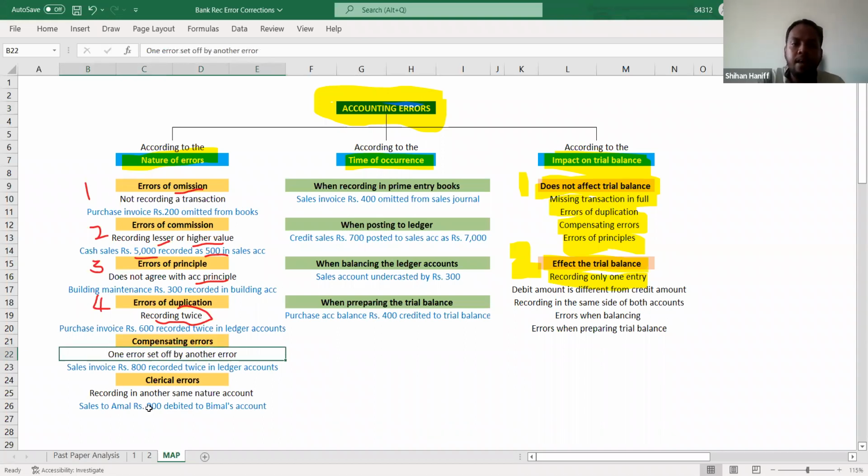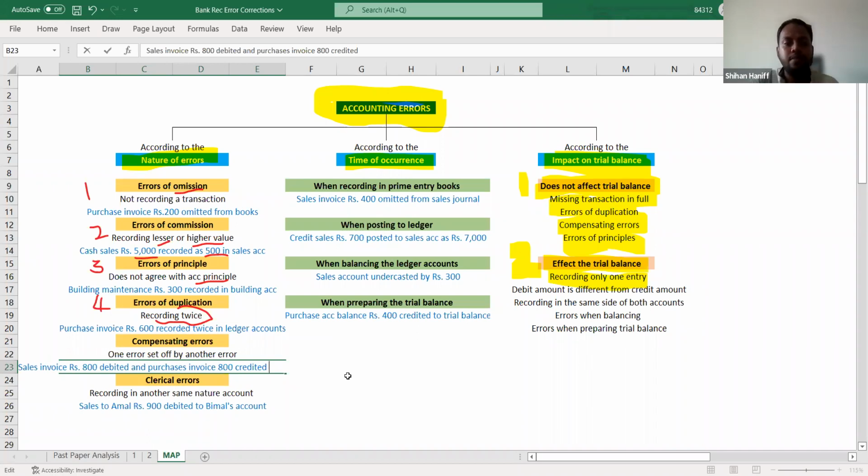Compensating means one error set off by another error. That means sales invoice 800 debited and purchases invoice 800 credited.